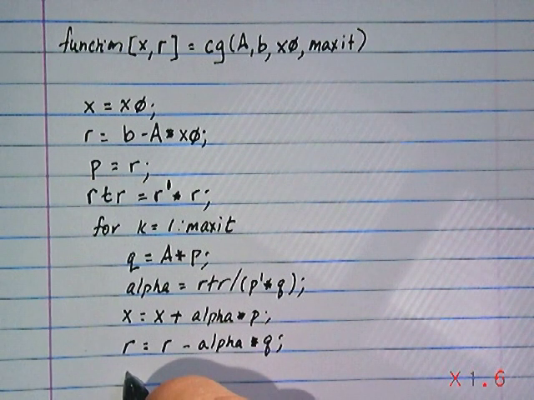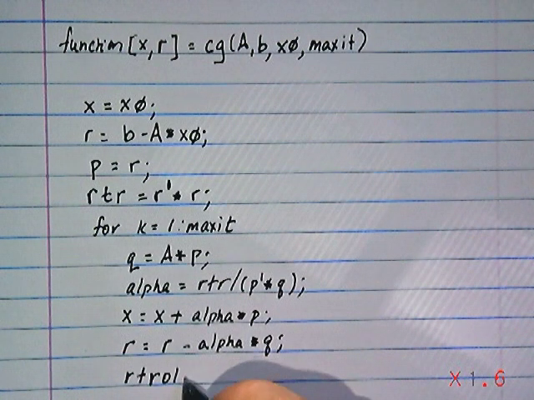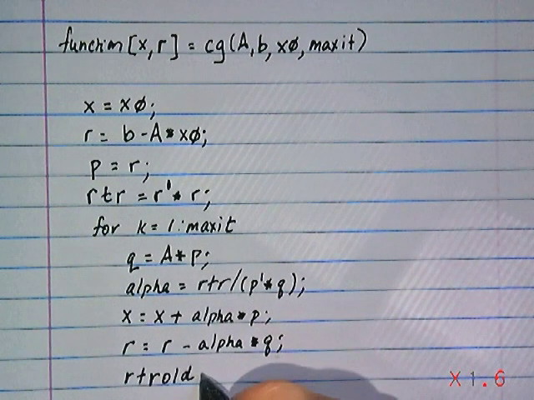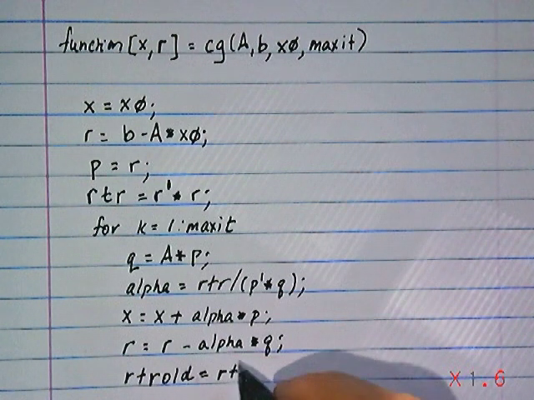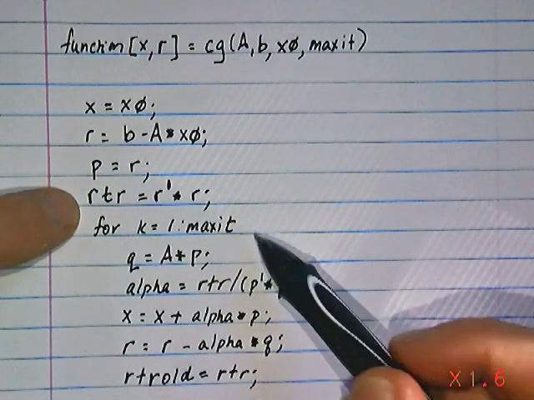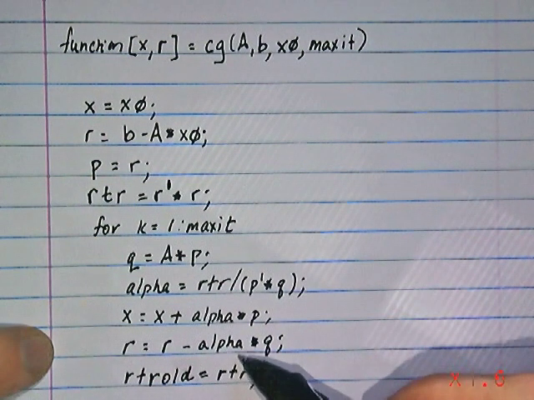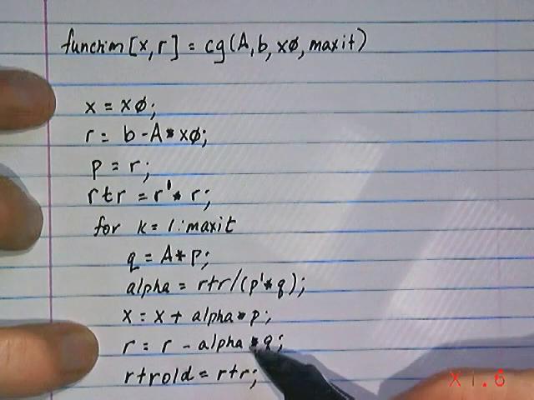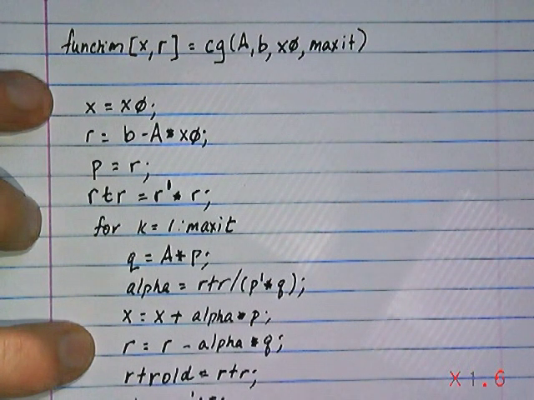So we will store, let's say, RTR old, as this residual, is our RTR that we had up here, because this was determined before we did an update of the residual. This is the new residual value. So now RTR will be using the current R that's been updated. So see the difference between that.